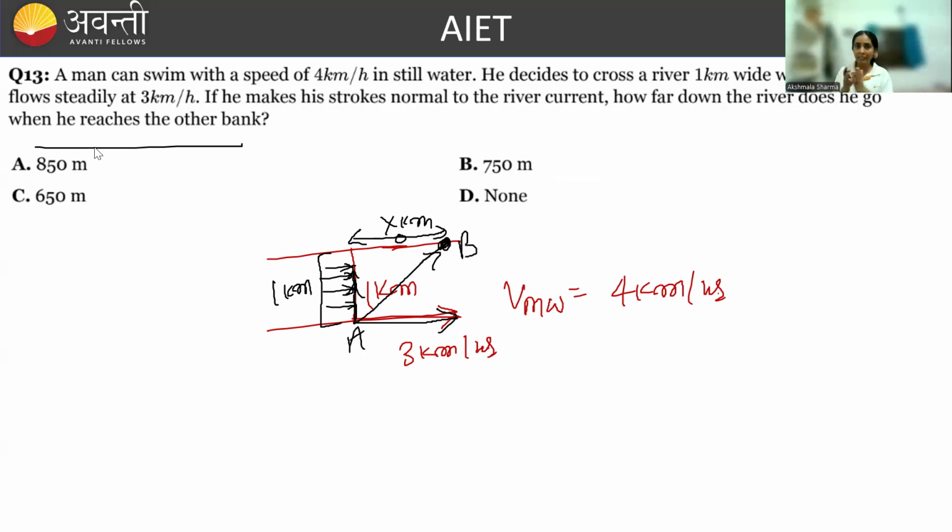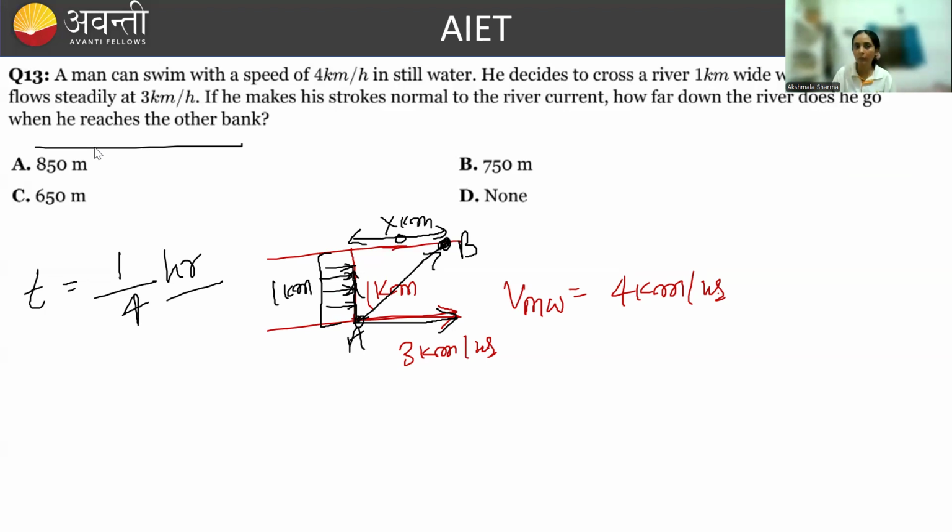While going from A to B, it moves 1 kilometer in the y direction and x naught in the x direction, both happening in time t. So that time t can be written as 1 kilometer by the velocity in the vertical direction, that is 4. So in this much time, it will reach from A to B.